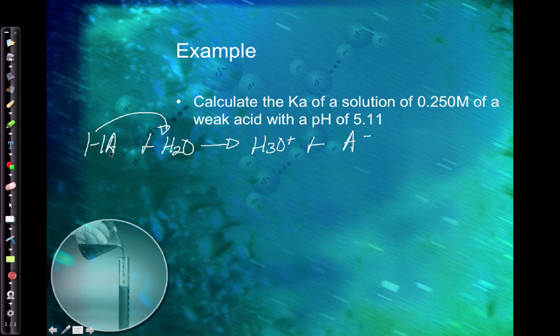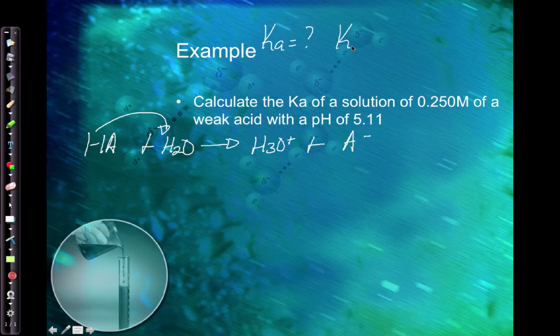So remember, whenever we have a weak acid or a weak base, a hydrogen ion is moving around, and it's usually going to be 1-to-1 for everything. So I want to calculate the Ka of a 0.250 moles per liter of weak acid with a pH of 5.11. So I have the pH here, and I don't have Ka. I'm looking for that.